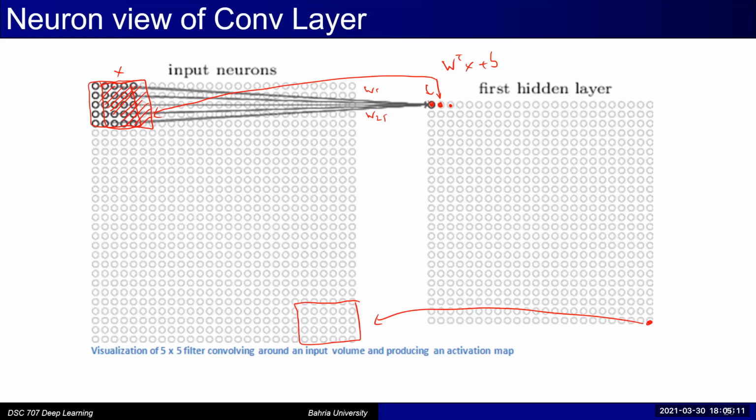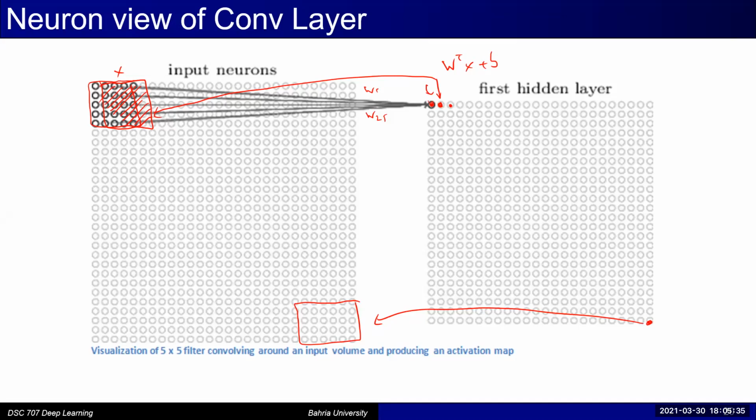So when you are talking about one filter, it is learning one specific feature. A very important difference with respect to a multi-layer perceptron is that here the weights of all these connections will be the same. Why they will be the same? I'll explain in the subsequent slides as well.